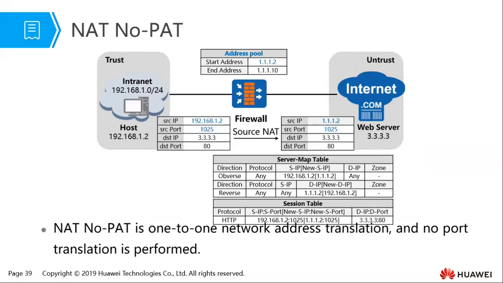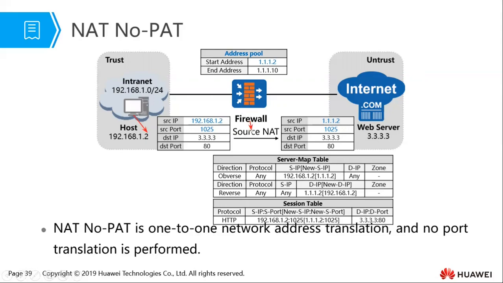I'm not going to go through this too much, because these are things we've already done at the associate level. So No-PAT is one-to-one network address translation, and no port translation is performed. Just as an example, this host has an address of 192.168.1.2.